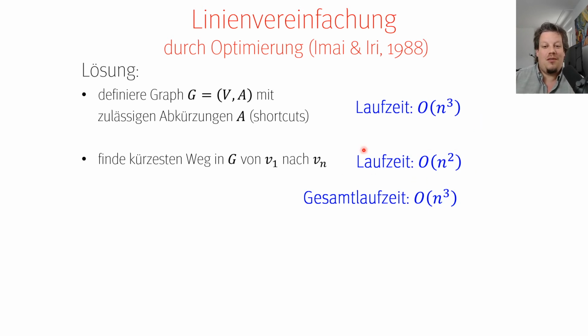It doesn't help us to make this faster because the graph is that large. It definitely helps us to do something here because that actually improves the total runtime. But it wouldn't really help us to do this faster than n squared because we have this other step that we're definitely going to need to do. So with that said, let's look at the time it takes to generate the shortcut graph.